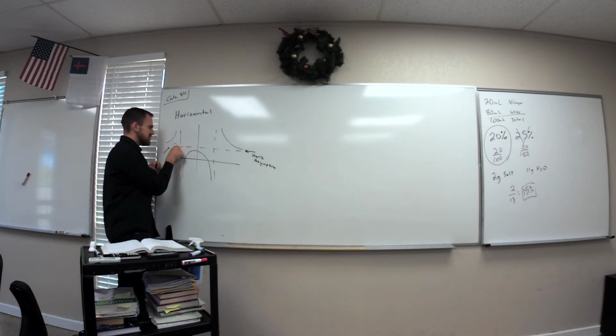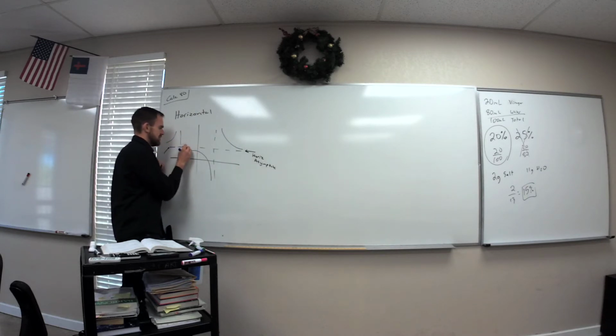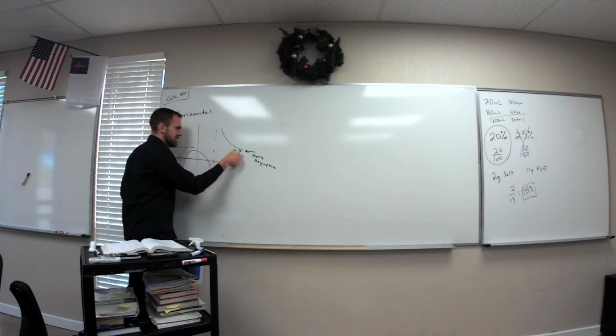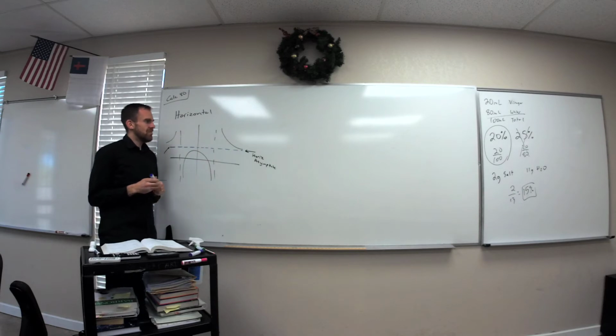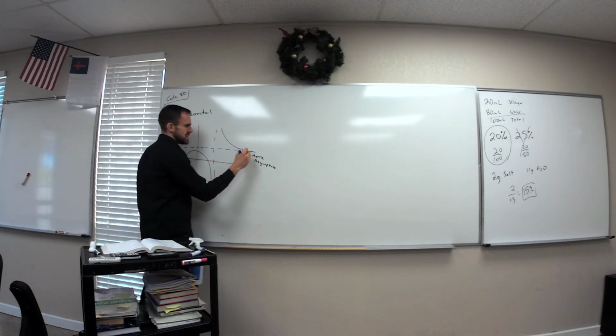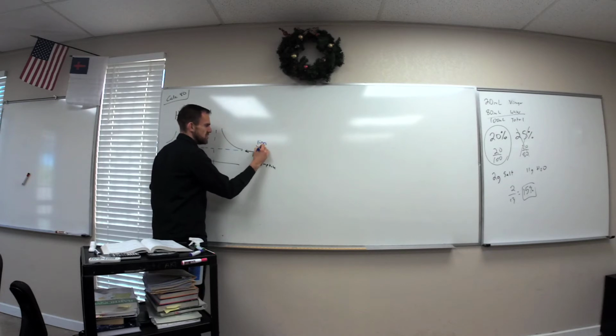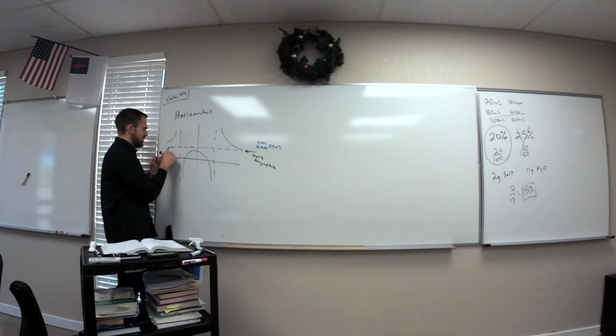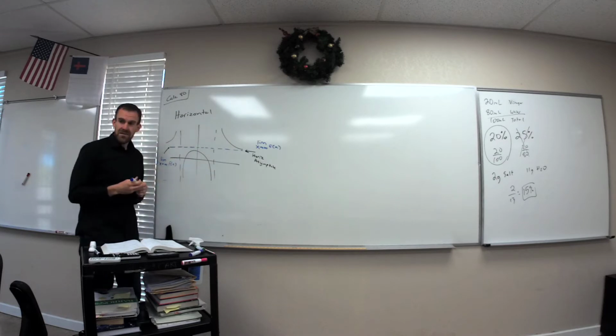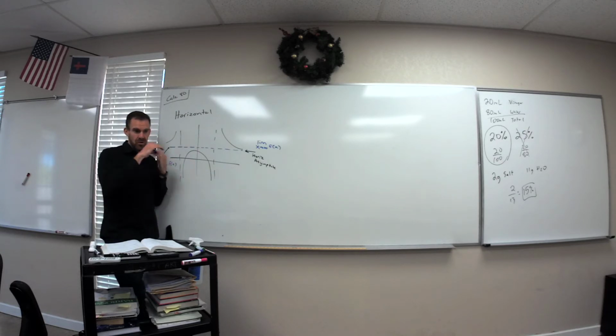How do you find a horizontal asymptote? It's actually pretty easy, but also mind-blowing. You take the limit as x approaches infinity of your function, and you take the limit as x approaches negative infinity. If that gives you a number, then you have a horizontal asymptote.